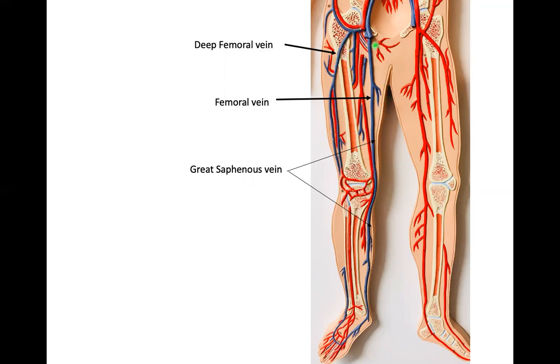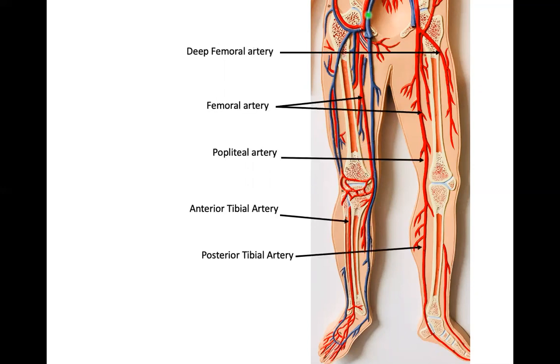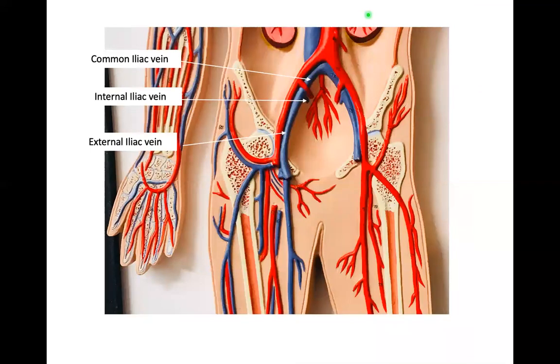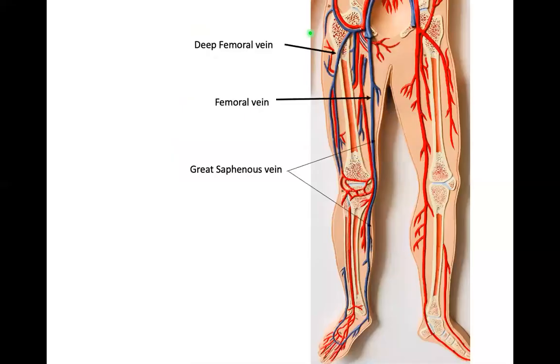When these merge with other blood vessels, they empty into what we already identified as the external iliac vein. And if you recall, going back, the external merges with the internal iliac vein, becomes the common iliac vein, and that eventually empties into your inferior vena cava.